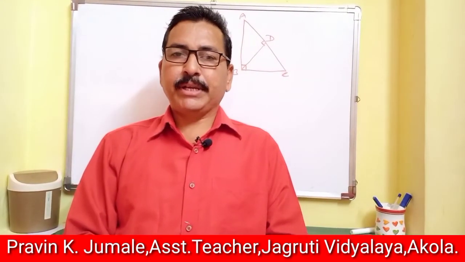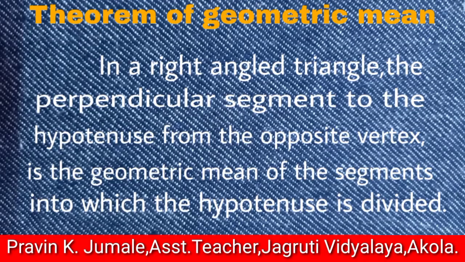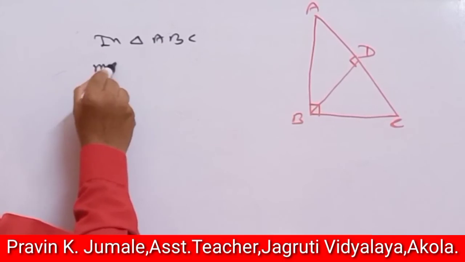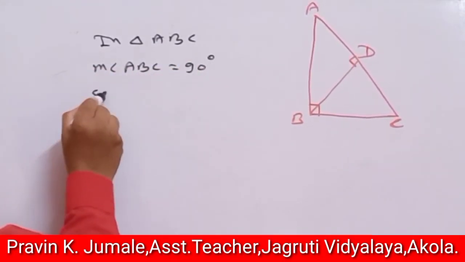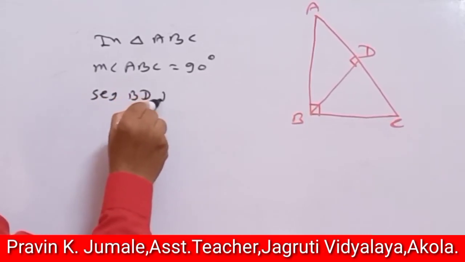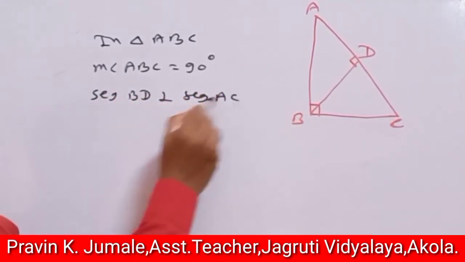Theorem of geometric mean. In a right angle triangle, the perpendicular segment to the hypotenuse from the opposite vertex is the geometric mean of the segments into which the hypotenuse is divided. In triangle ABC, measure of angle ABC is equal to 90 degree. Segment BD perpendicular segment AC.